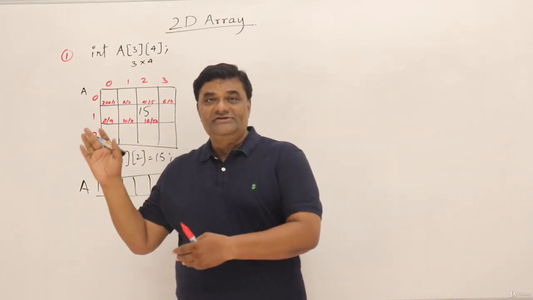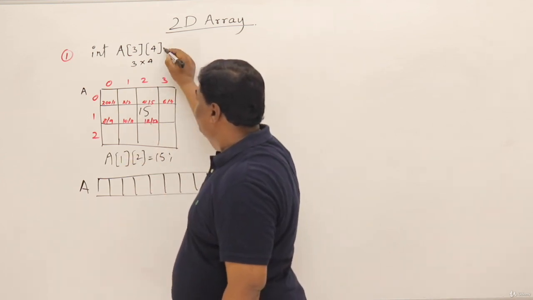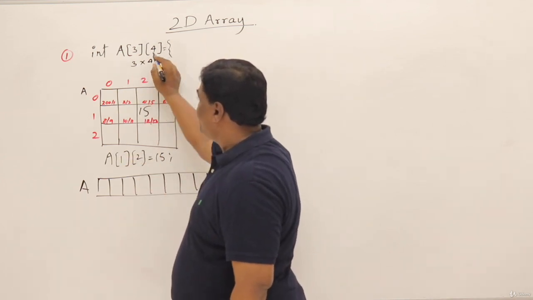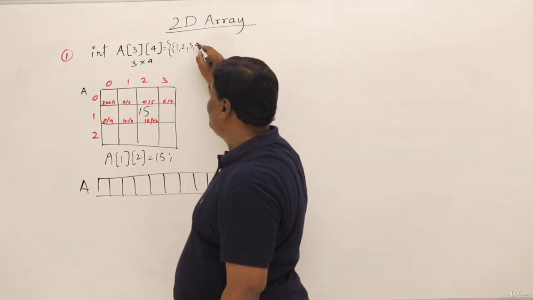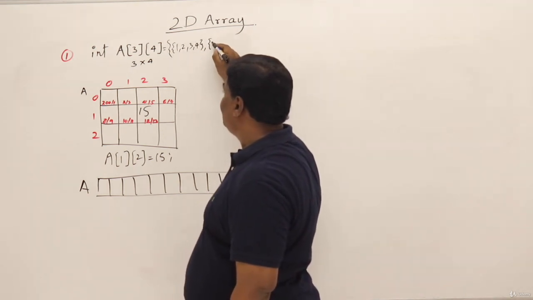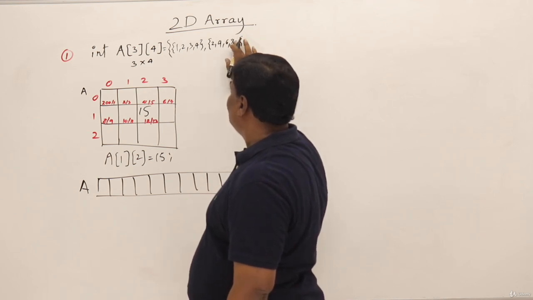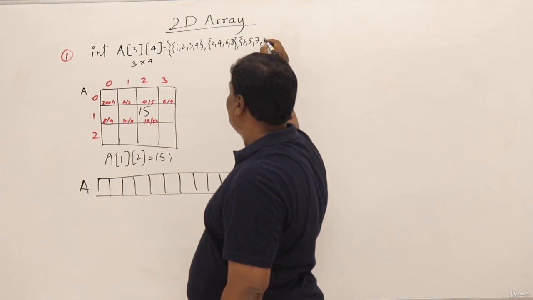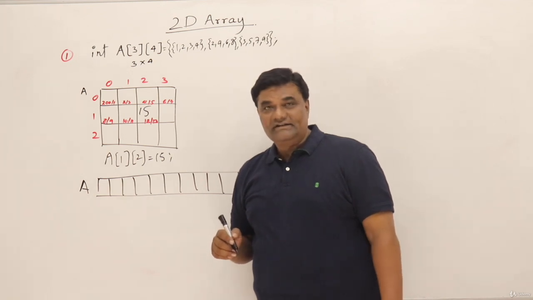If we want to initialize this 2D array, then we can directly mention the list of elements, for 3 rows and 4 columns. The first row has 4 elements, 1, 2, 3, 4, the second row has elements 2, 4, 6, 8, and the third row has the elements 3, 5, 7, 9. So a 2D array will be initialized.